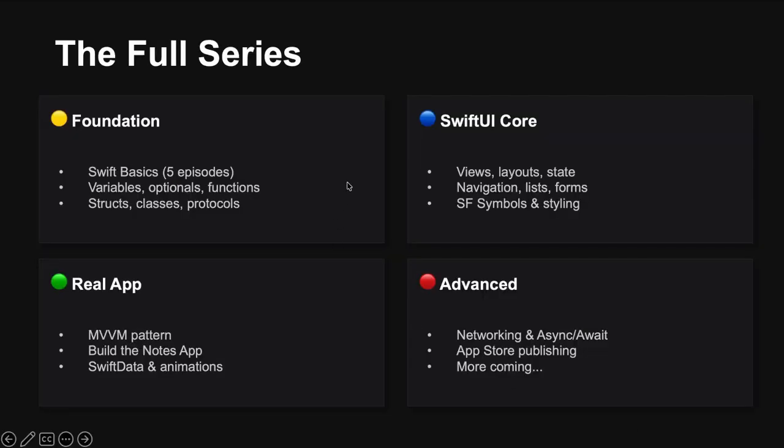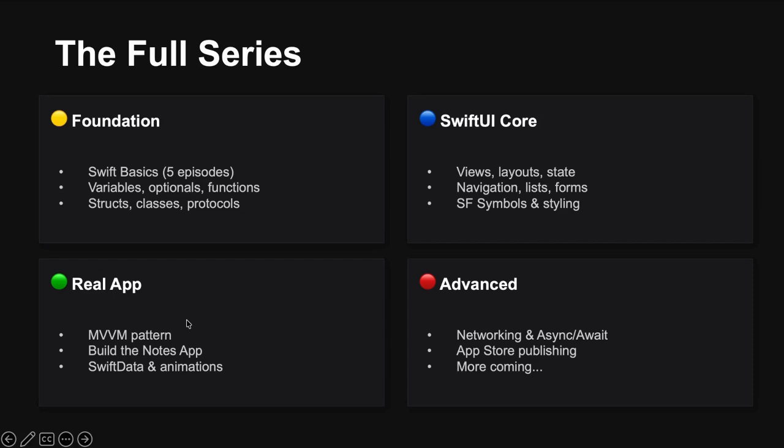Here's the full picture of what this series covers. The foundation block is the first 7 episodes, all Swift basics: variables, optionals, functions, structs, classes, protocols, the building blocks. Then SwiftUI Core, where we start building real UIs: views, layouts, state, navigation, lists, forms, and styling.